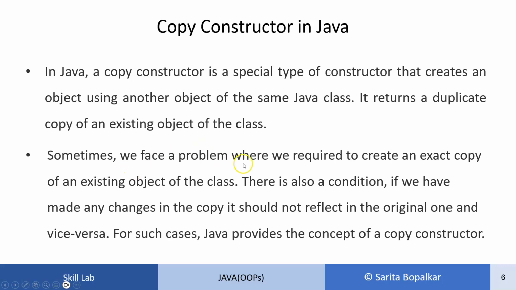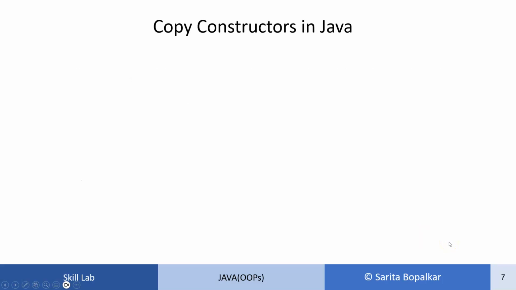Sometimes we face a problem where we need to create an exact copy of an existing object of the class. There is also a condition: if we make any changes in the copy, it should not reflect in the original one, or vice versa. For such cases, Java provides the concept of a copy constructor. Let's see how to implement it.